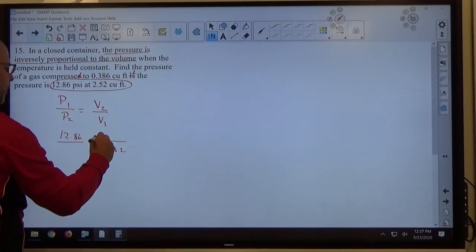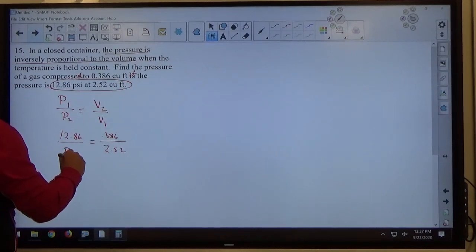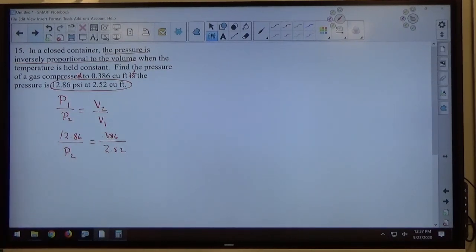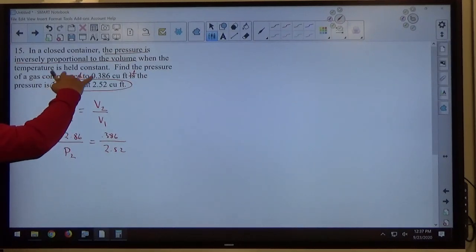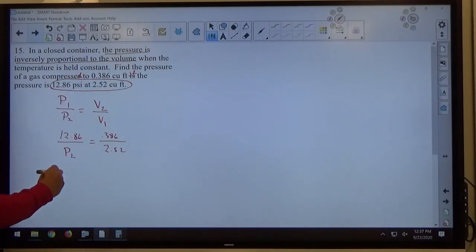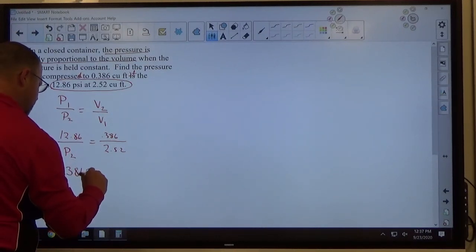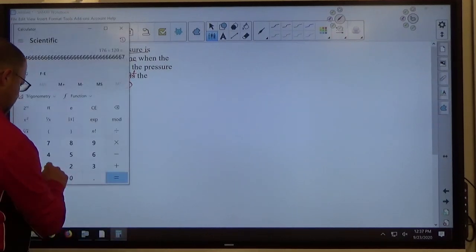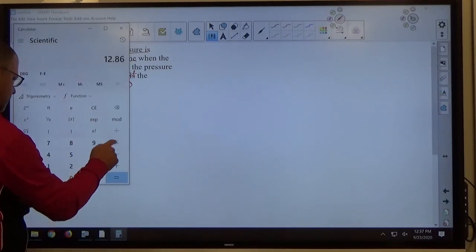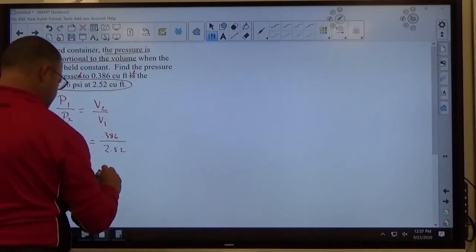V2 is 0.386. P2 is what we're looking for. These go together, those go diagonal. The one we don't know and that go together, they go diagonal. So 0.386 P2 equals whatever 12.86 times 2.52 is. 32.4072.